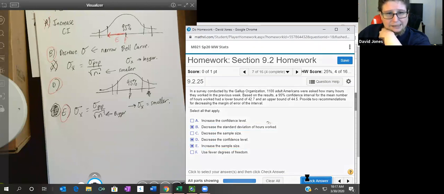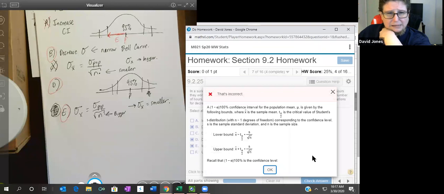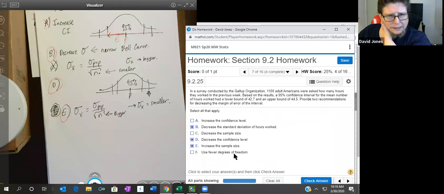Let's just see what it says. Yeah, it's S. S is the sample standard deviation. It's divided by the square root of n. Are they wanting me to do that one?